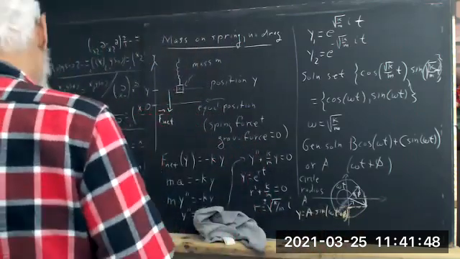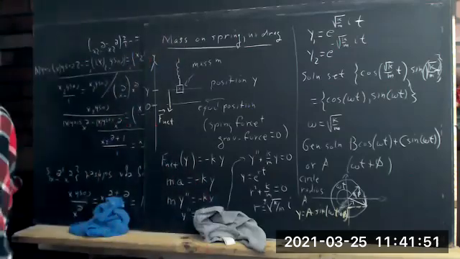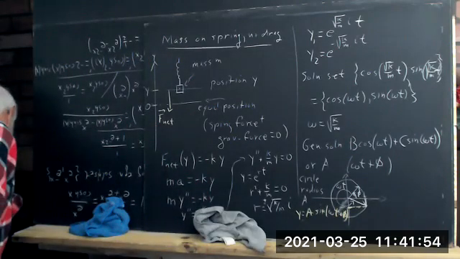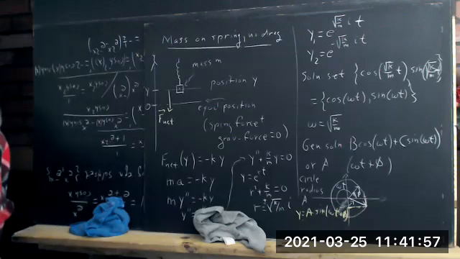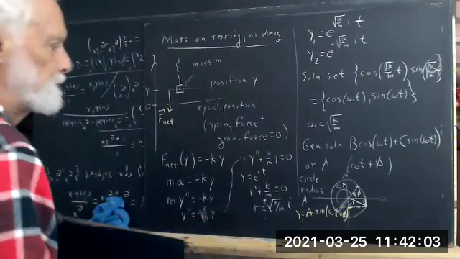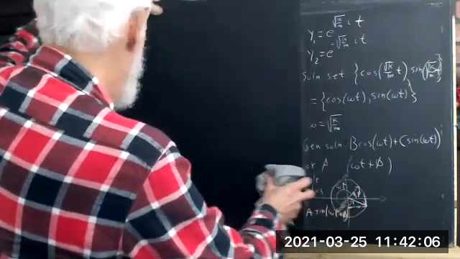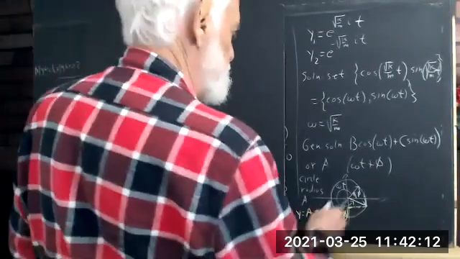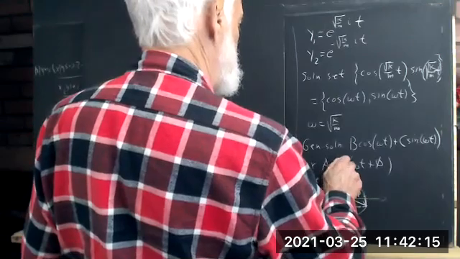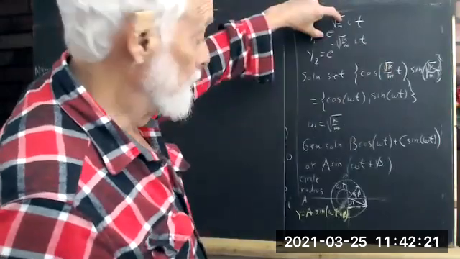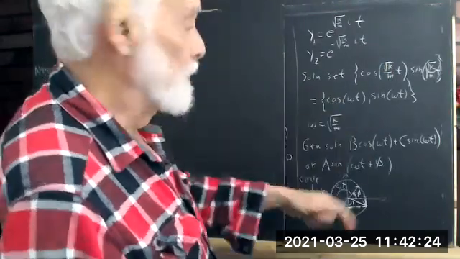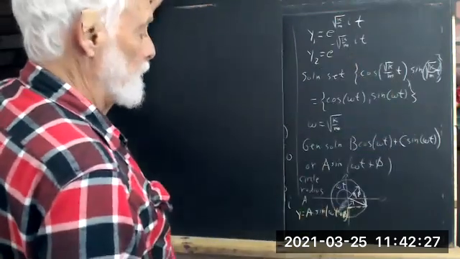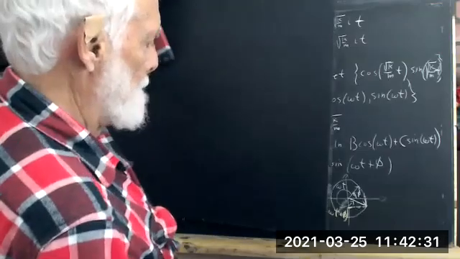I really need to draw you a better picture of that. Now again, you connect this form, it goes back to these solutions, to this form, just by simple trig identities for sums of two angles and so forth.